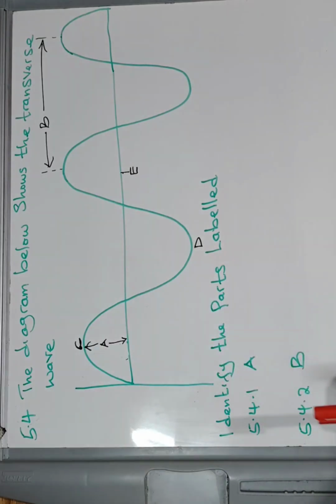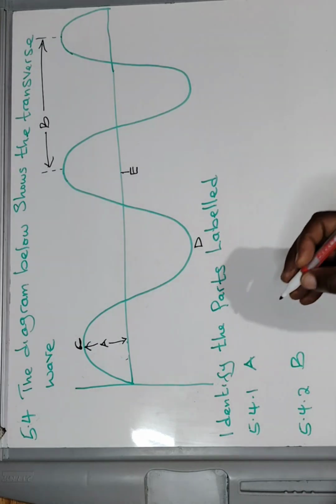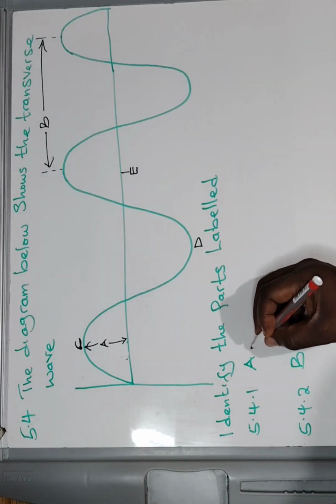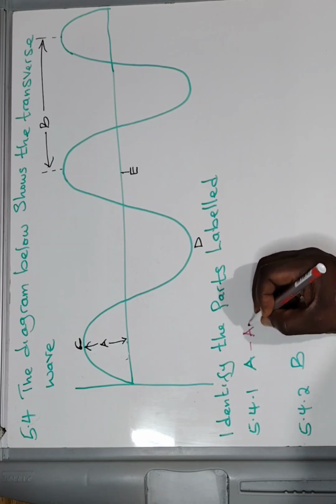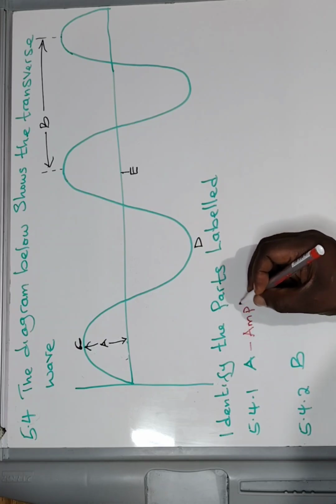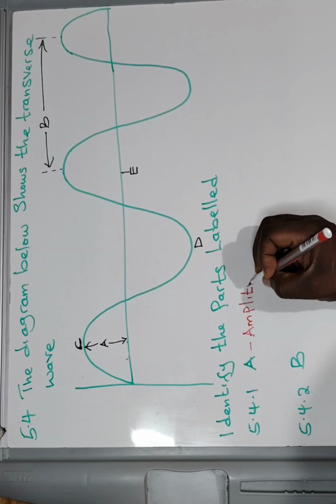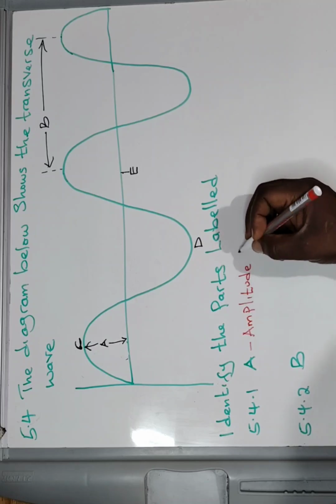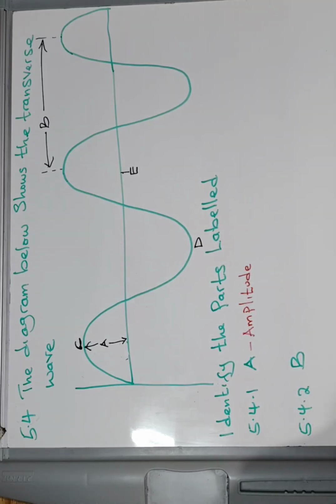So what does A represent? A represents the amplitude. It represents the amplitude of the wave.